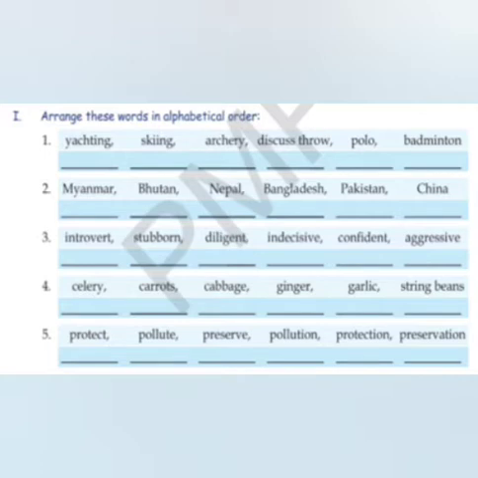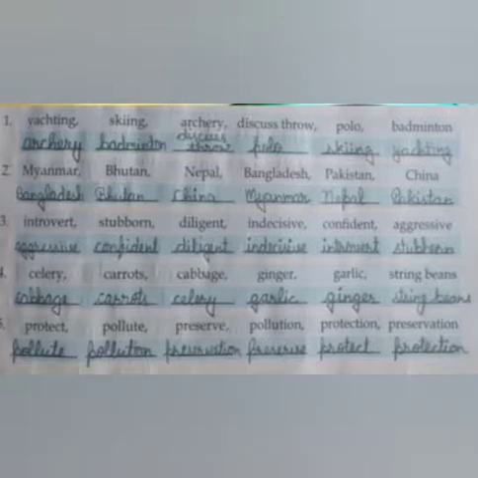So we have to arrange these names of countries in alphabetical order. Its order is like this: Bangladesh at first, then Bhutan, then China, then Myanmar, then Nepal, and Pakistan at last.